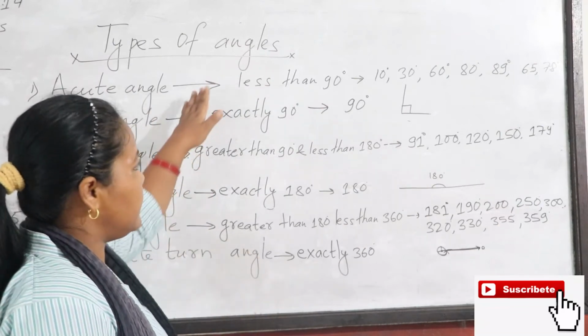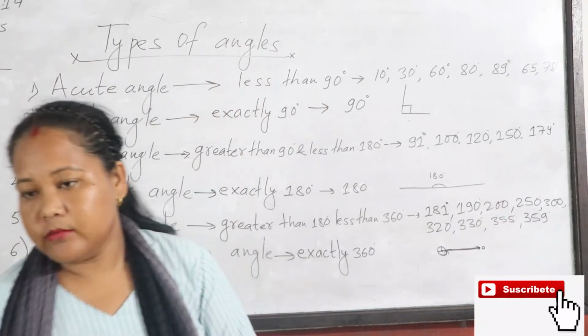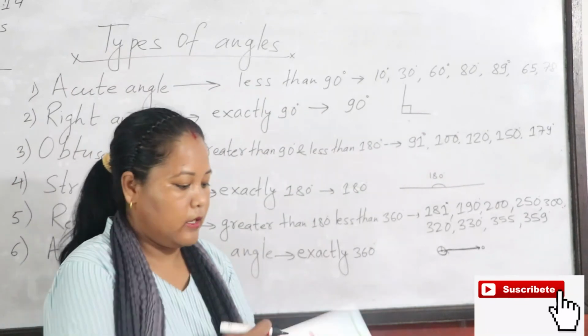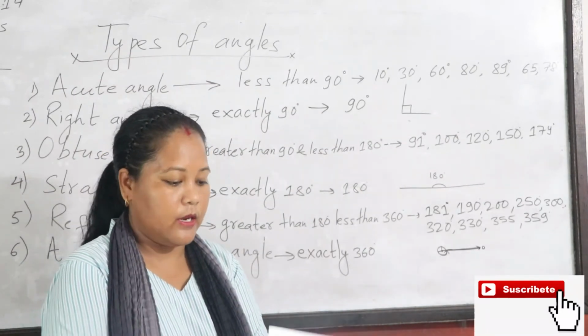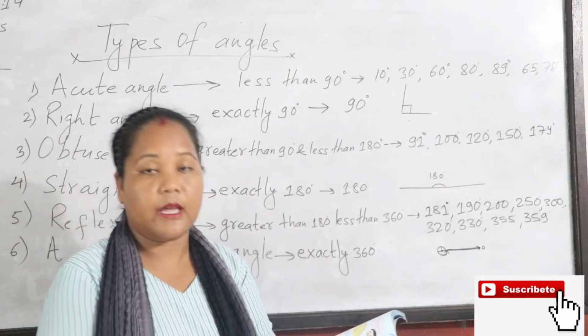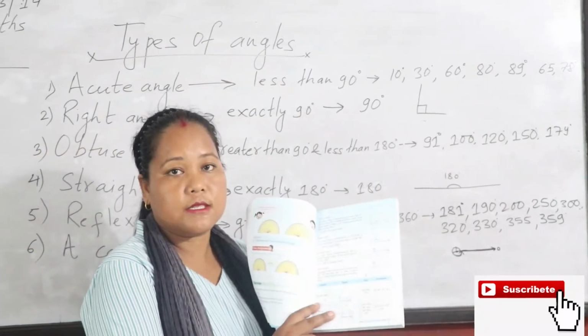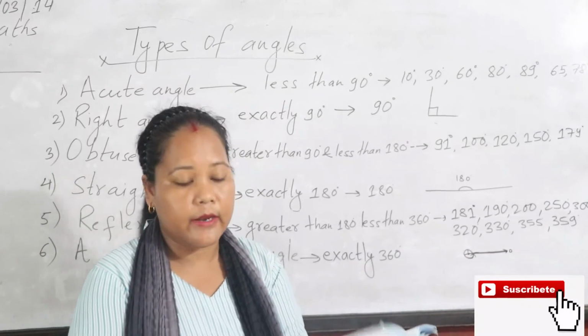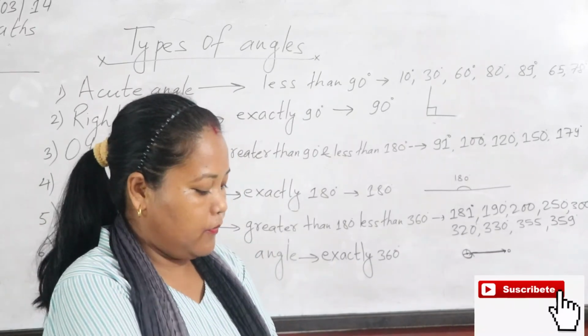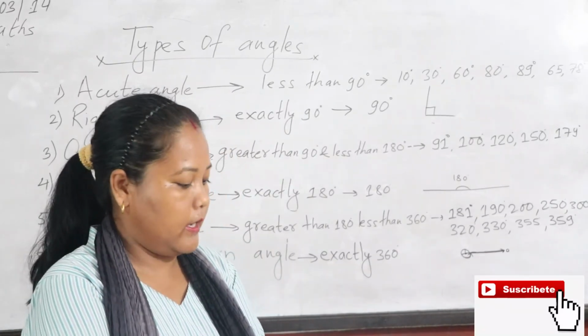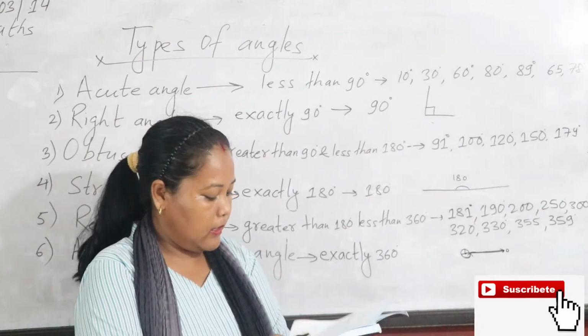We completed it. I am sure you understand. If you have any confusion, you can look in your book on page number 8 and 9. There are figures and examples given. You can look there.